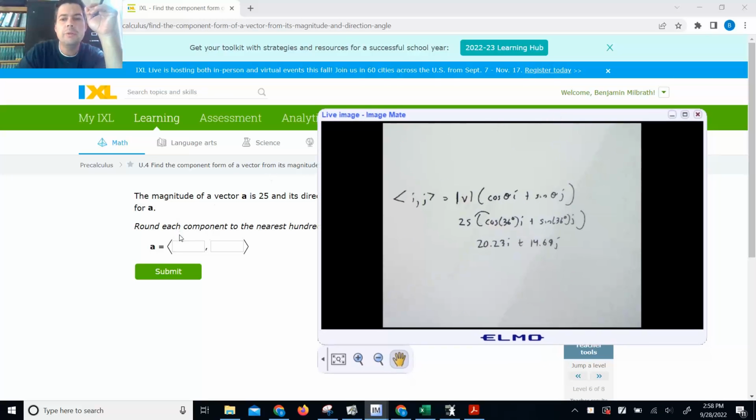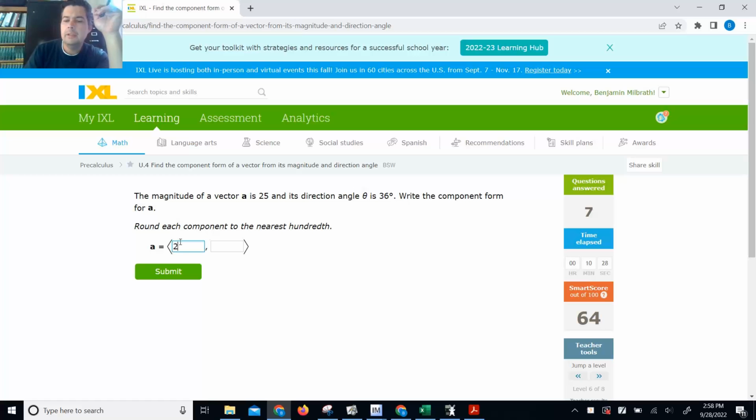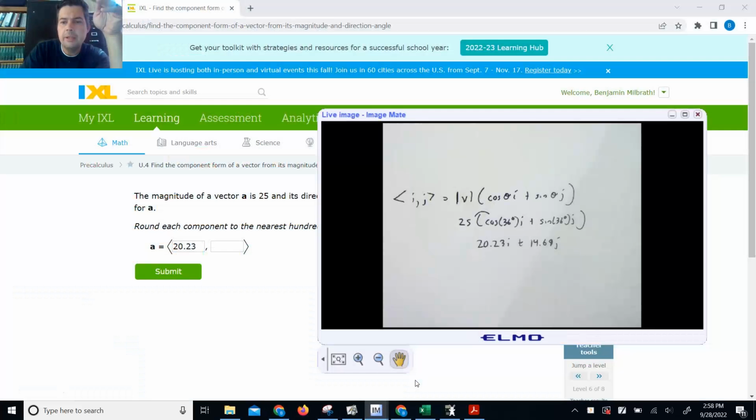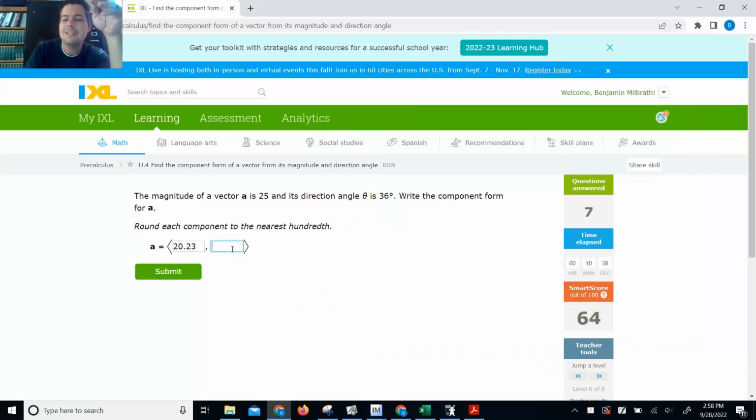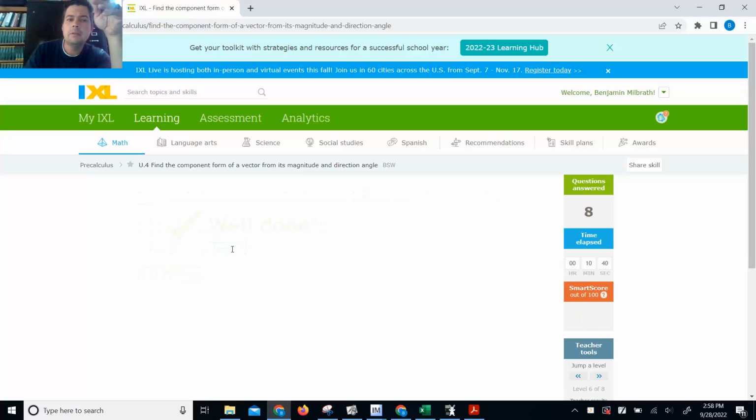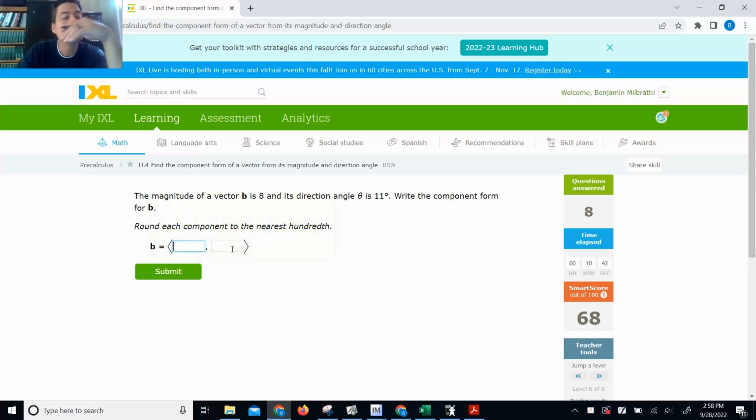All right, so 20.23. And I'm using the i's and j's, okay? I'm just dropping them. You don't need them when it's in component form. 20.23. 14.69. Well done, Milbrath. So let's do another one of these, then we'll jump up a level, see if anything's special.